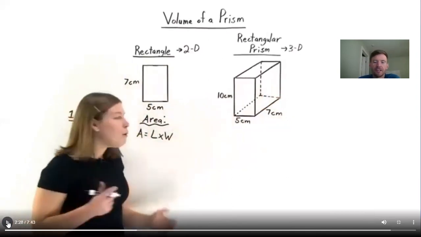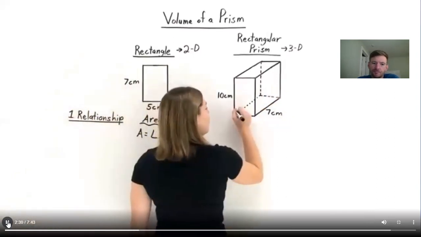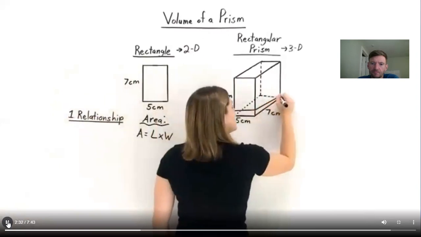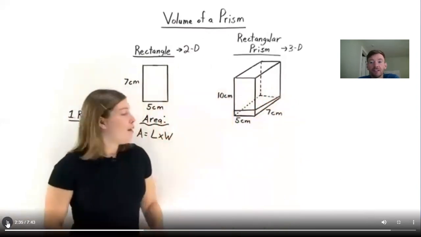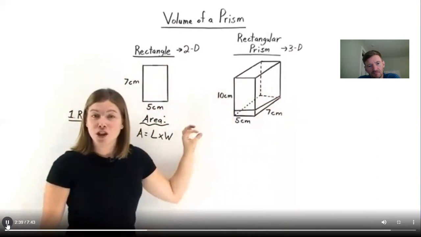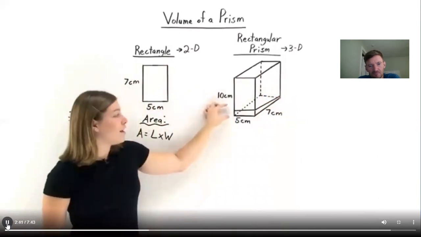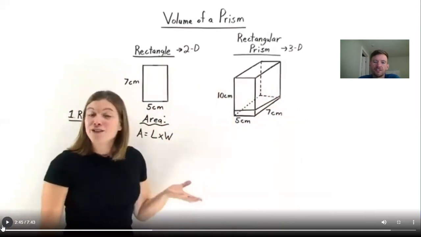Now think about thickness and the height being the same. What would happen if we were to take an identical rectangle and lay it down on top of the first rectangle? Then we would have 2 thicknesses of 1 centimeter each. We would have a thickness or a height of 2 centimeters. Because she's laying one on top of the other.